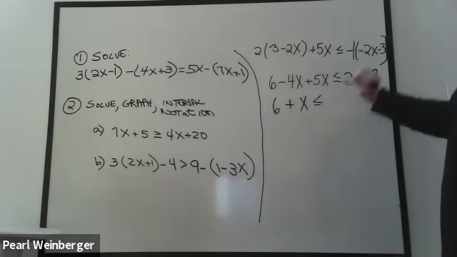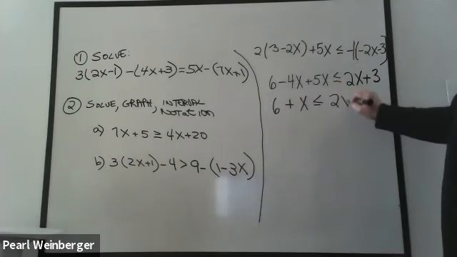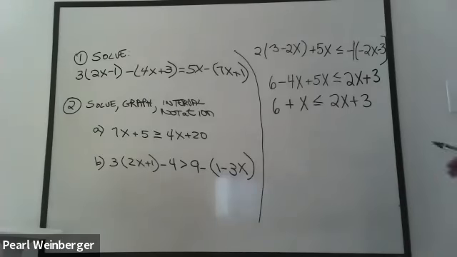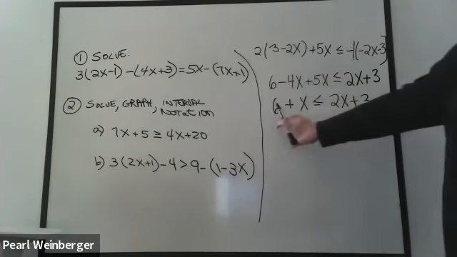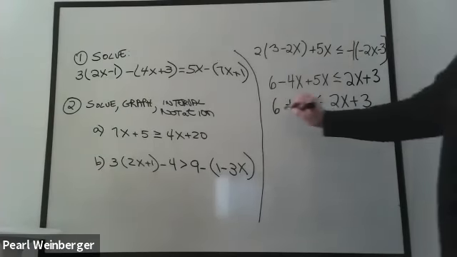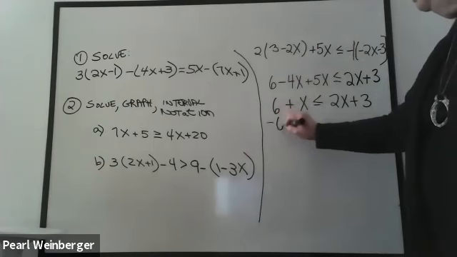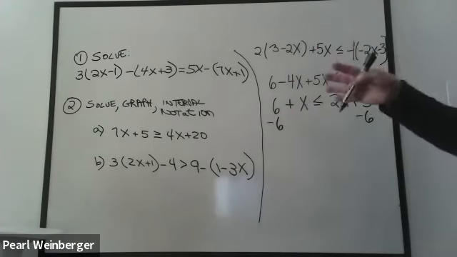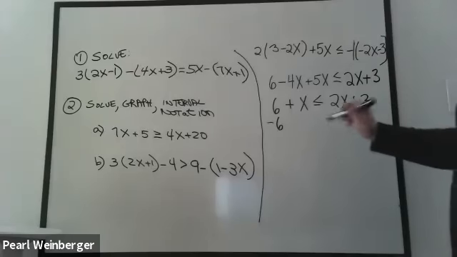And on the other side, there's nothing to combine, so I'm just going to bring it down. Now, remember my intention. In inequalities, I'm going to bring the x's to the left, the numbers to the right. So this 6, which is a plain number, I want that to end up on the right, so I'm going to subtract. And it doesn't matter what order you're doing this in. If you take care of the x's first or the numbers first, it really doesn't make a difference.